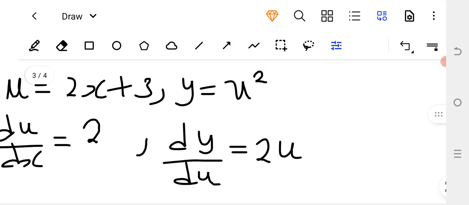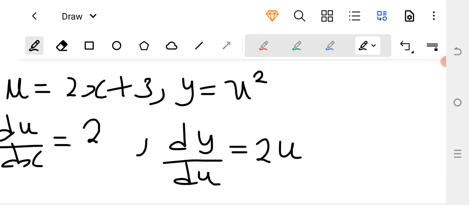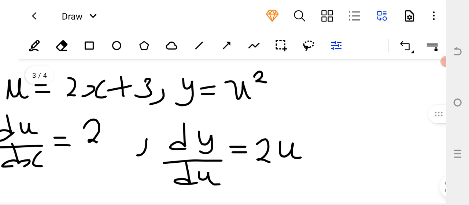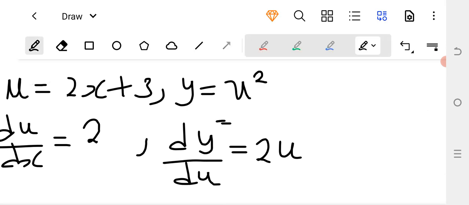Essentially, the power 2 is going to multiply the function, so it's 2 times u.